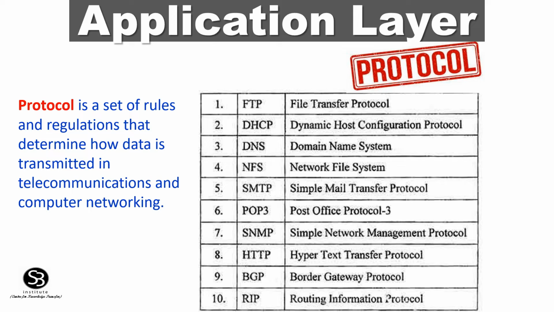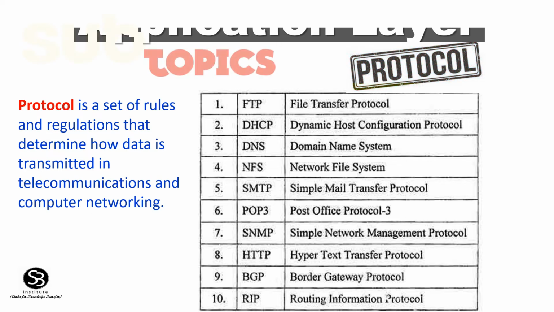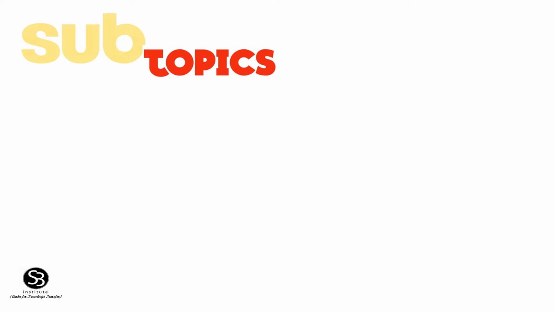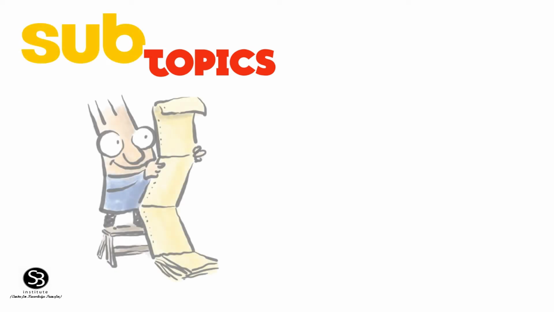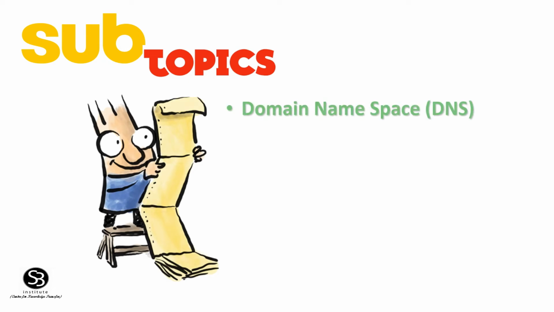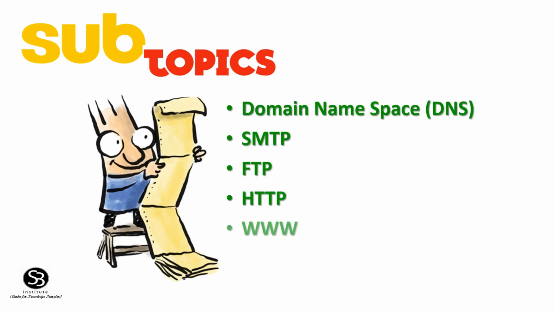Each protocol is responsible for various applications. Some of the subtopics in the application layer are domain namespace, which is also known as DNS, SMTP, Simple Mail Transfer Protocol, FTP, File Transfer Protocol, HTTP, Hypertext Transfer Protocol, WWW, World Wide Web, security and cryptography.